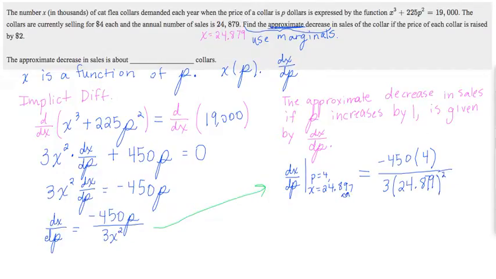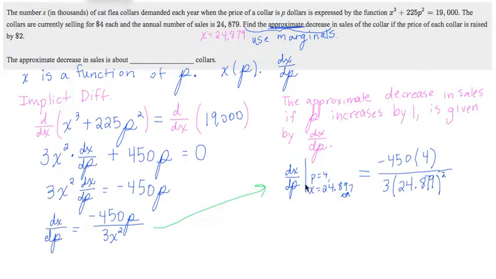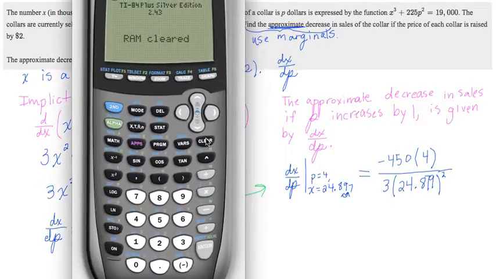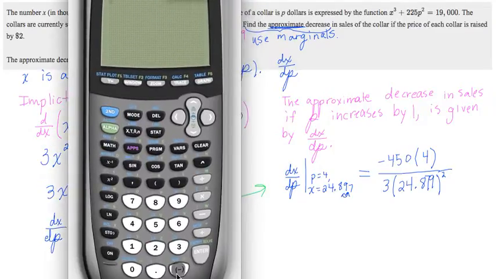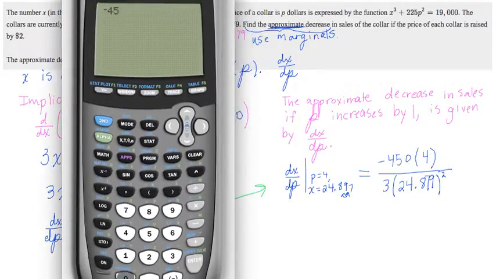So we're going to need a calculator here to approximate that. Okay, so we have negative 450 times 4 in the numerator, divided by, and now we need parentheses to include all of that in the denominator, 3 times 24.879 squared.